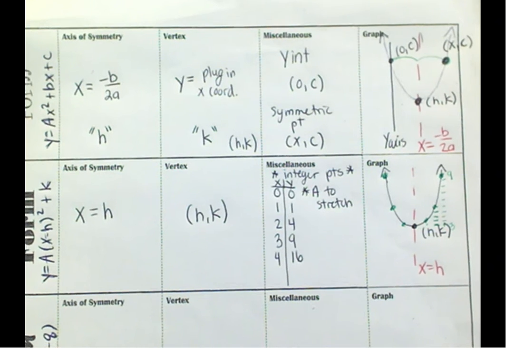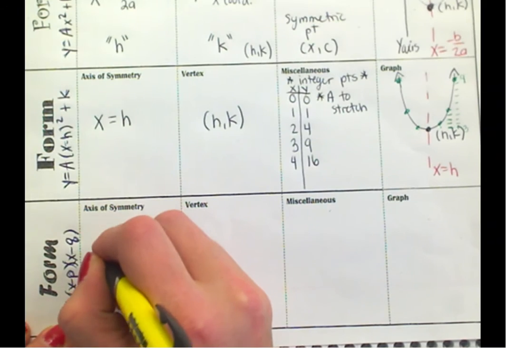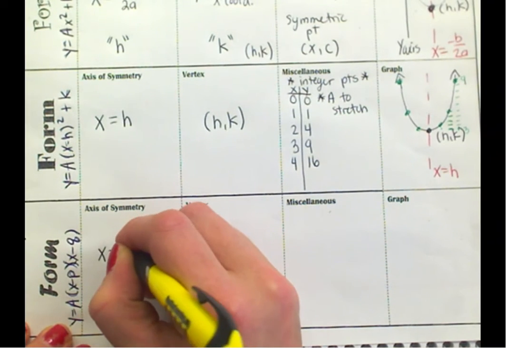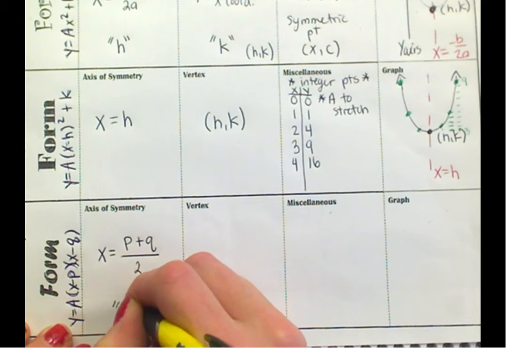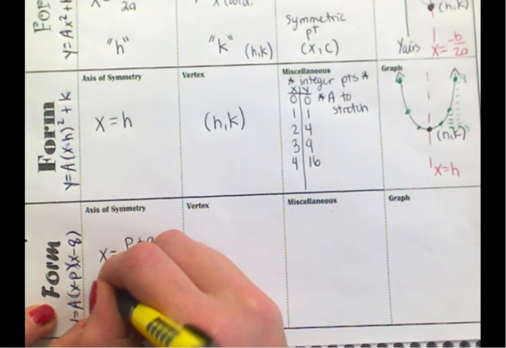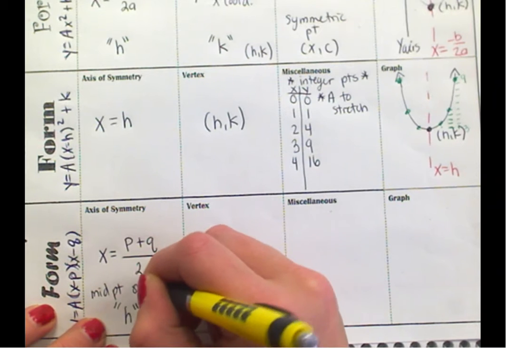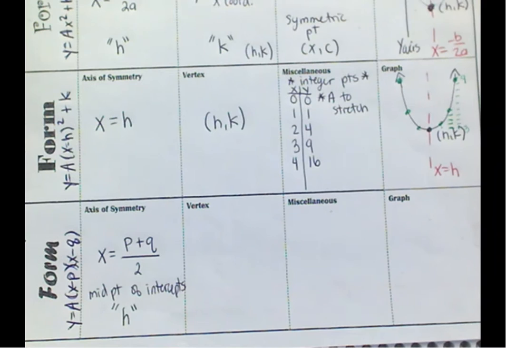Okay, last format. Intercept form. The axis of symmetry is p plus q over 2. That's my h coordinate. Maybe I like words instead of formulas. Midpoint of the intercepts. Maybe that's easier for me to remember.